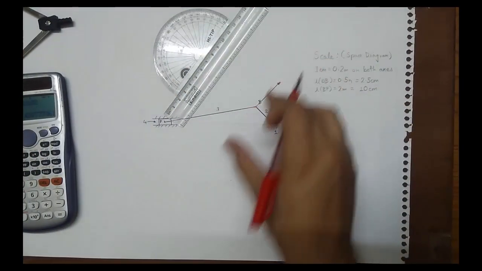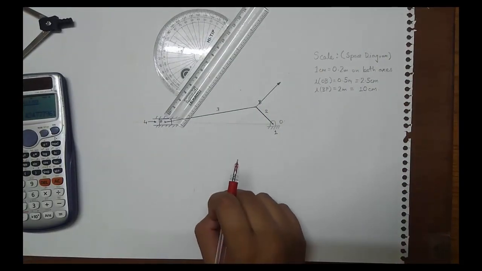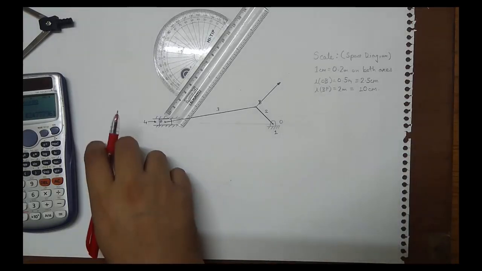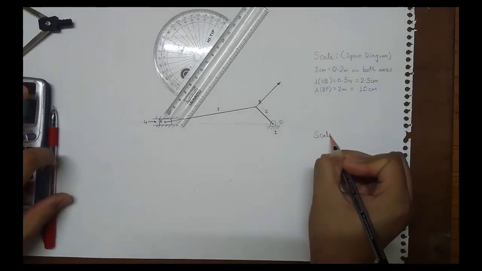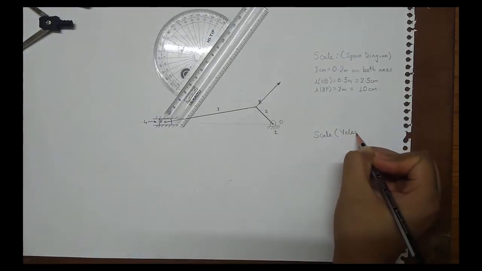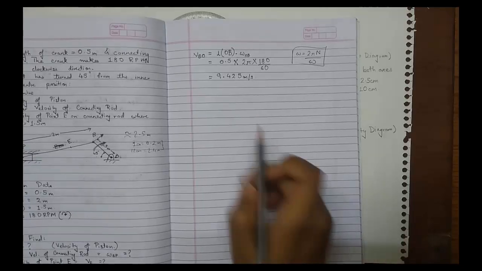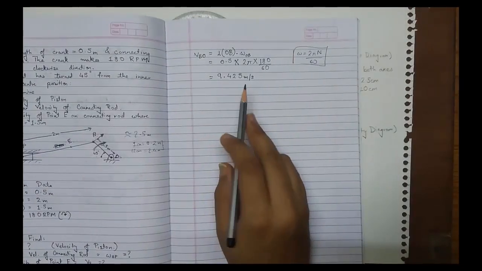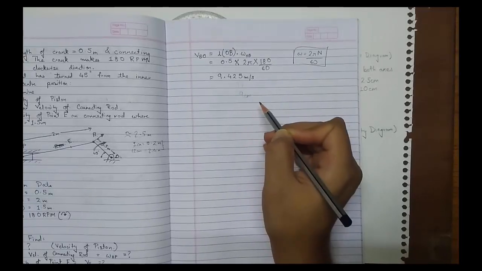Now I have to draw this same below. I have to draw the velocity diagram. But before I draw it, I have to decide the scale for the velocity diagram. For that, I first have to take a look at what my velocity is. It is 9.425 meter per second, so I can take this as approximately 9 centimeter.